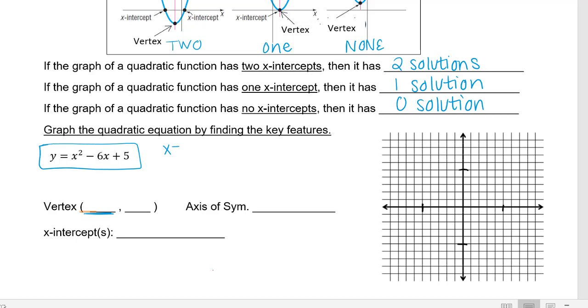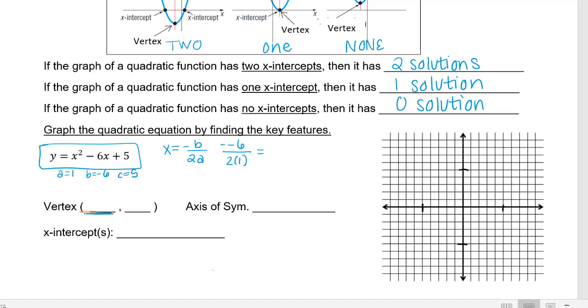So to find that axis of symmetry, it's negative b over 2a. b is negative 6, so I'm going to do the opposite of b all over 2 times 1. And again, going back, we know a is 1, b is negative 6, and c is 5. Let's simplify that.